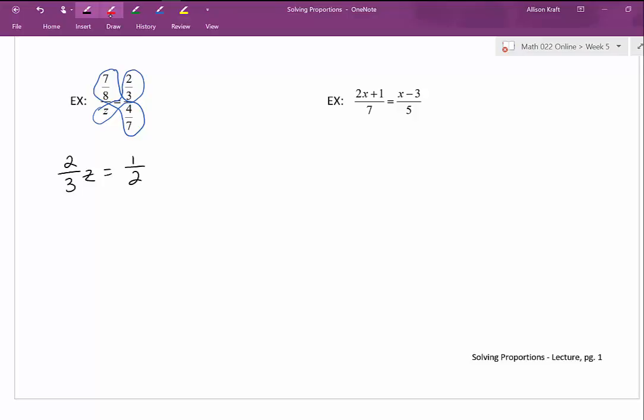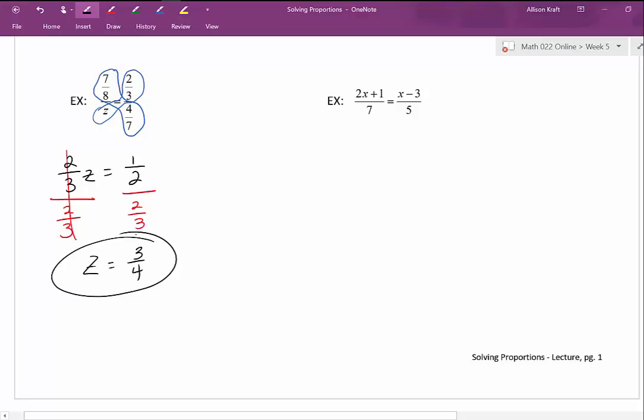To solve for z, I need to eliminate the coefficient, so I'm going to divide both sides by 2/3. It's going to give us z equals 3/4. Again, if you're going to do this by hand, make sure that you turn that division into multiplication by multiplying by the reciprocal of the second fraction.